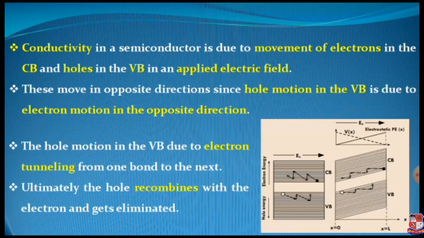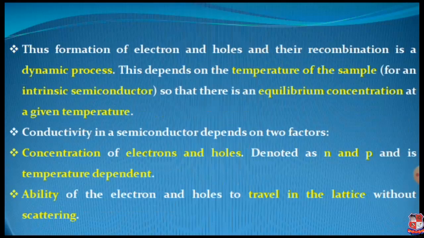The hole motion in the valence band is due to electron tunneling from one bond to the next, and due to that you are seeing the bending of the conduction as well as valence band. Ultimately, the hole recombines with electrons and gets eliminated.